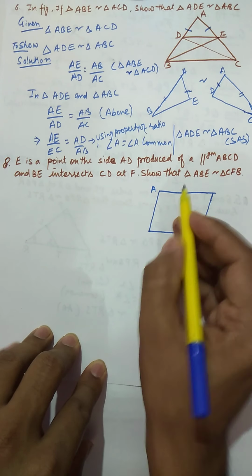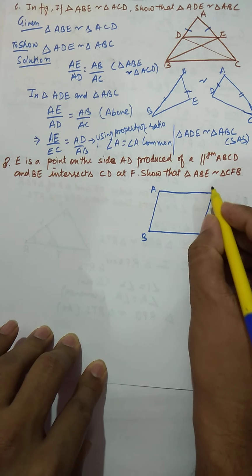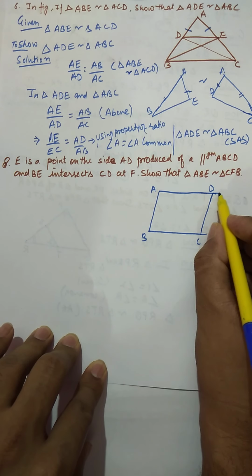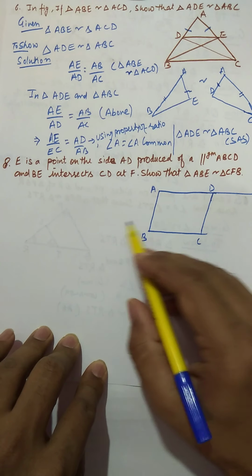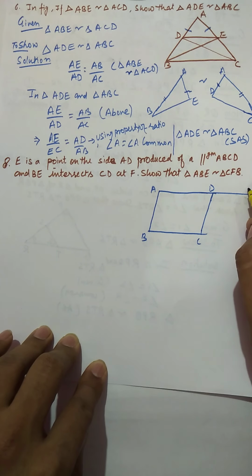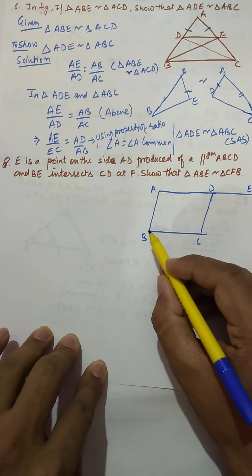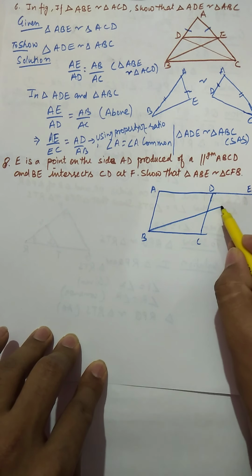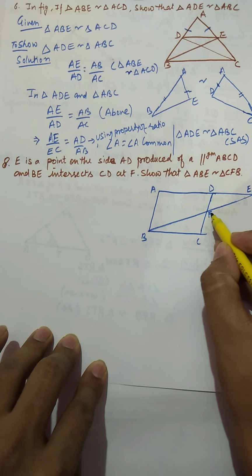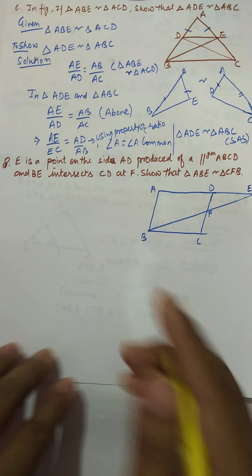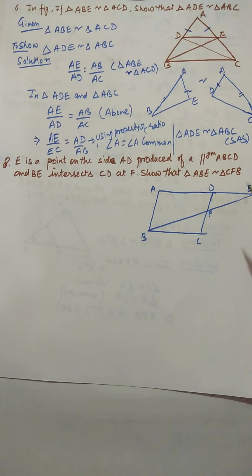This is A, this is B, this is C, and this is D, and you are producing AD to E. It's also given that BE meets at point E and cuts CD at F, and we have to show that triangle ABE, this bigger triangle, is similar to CFB, this smaller one.